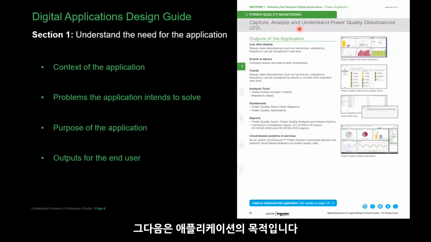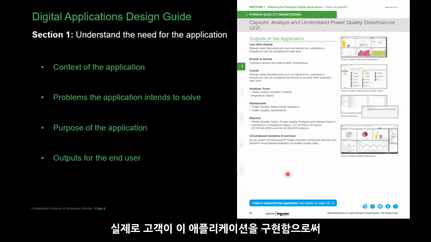And then of course, what is the purpose of the application? And the last point will be the output, which is what you actually see. By implementing these applications, what the customers are actually seeing and visualizing on the software platforms.